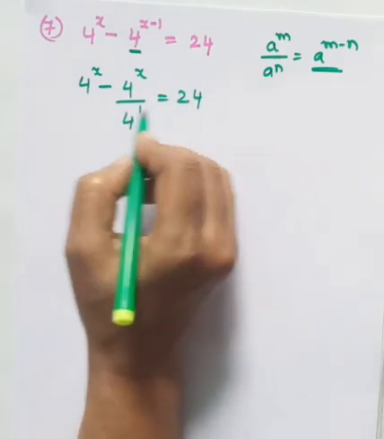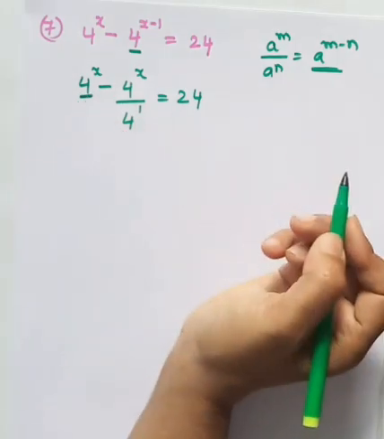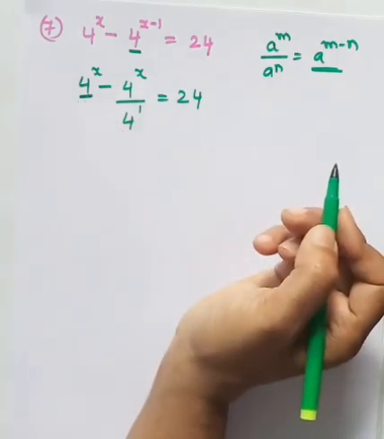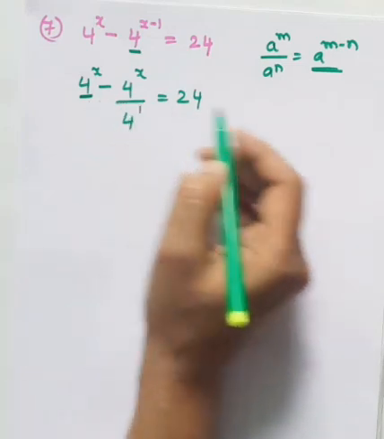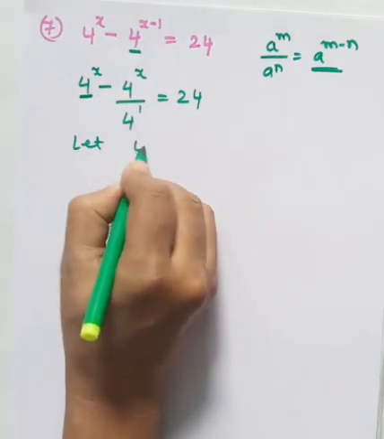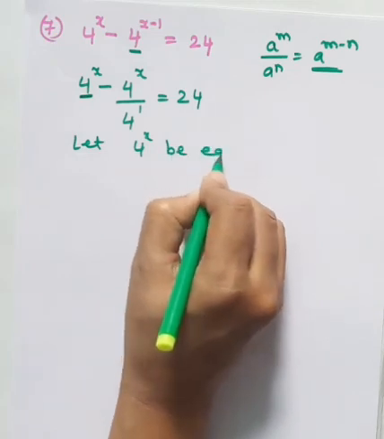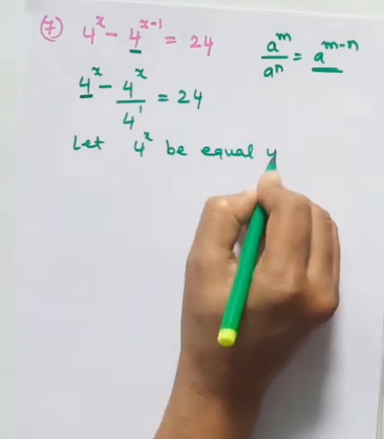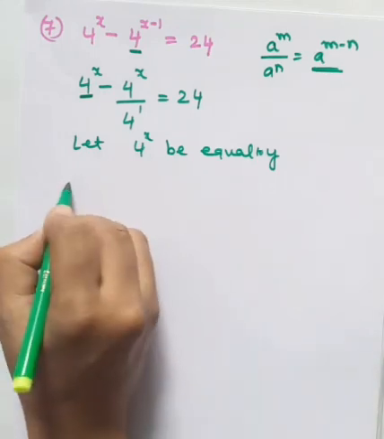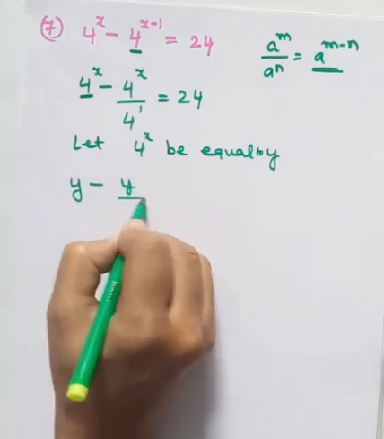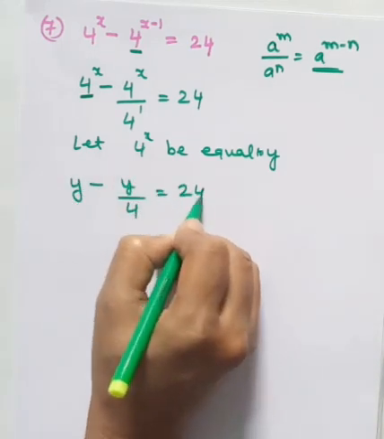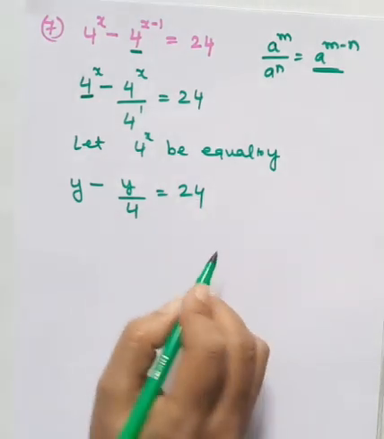Now, as I have told you earlier, change this into another variable. That will make the whole process easy. Let 4 power x be equal to y. Now y minus y by 4 will give you 24. Now this is your general equation. Solve it.